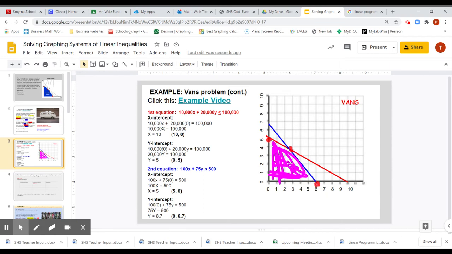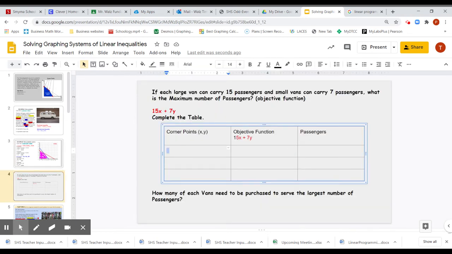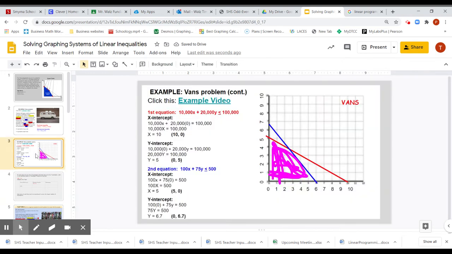That's our corner points. If you look at it, if the x value is 0, the y will be 5. So go back in here, type in 0, comma 5. The next point, if I really look at it, it's really like 2.5 and 4.